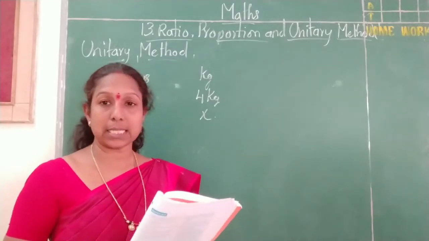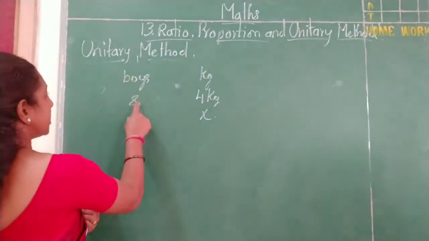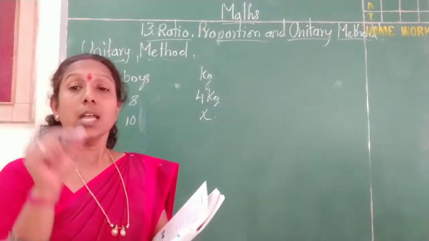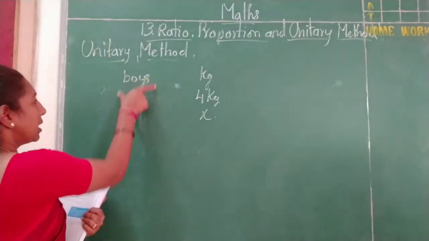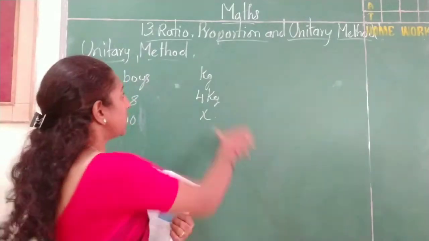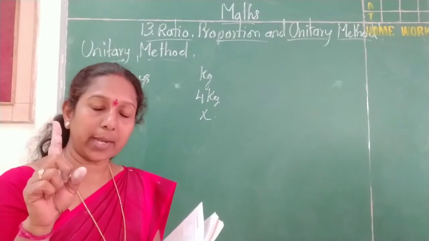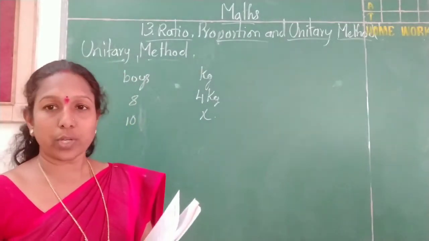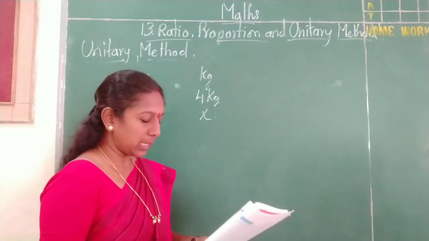Among the two things, the item which has two values given, here the boys, 8 boys and 10 boys, should be written in the first box. The remaining, the item of which only one value is given, should come in the second. Then it will be easy for you.